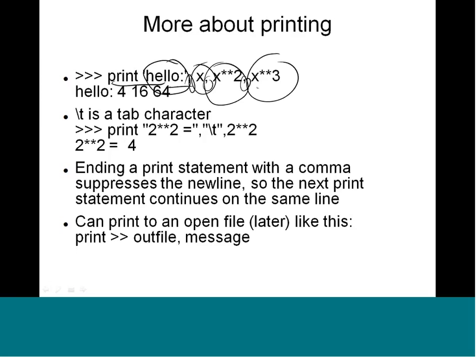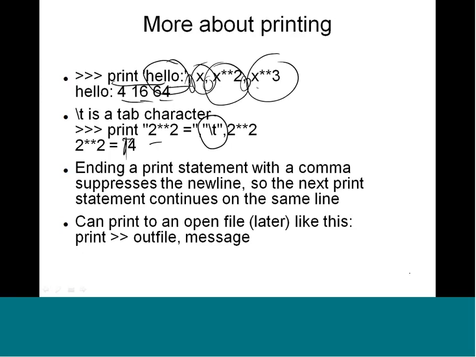So here x is 4, so it printed 4, 16, and 64. And whenever we specify \t, that is a tab character, so it moves by a tab amount and then prints the next one.